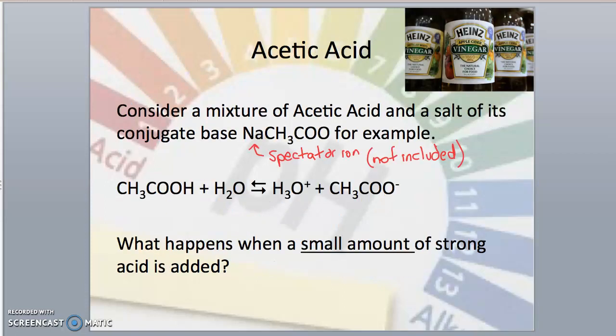The reaction above represents a buffer system as long as amounts of the weak acid and its conjugate base are present. Realize that acids will react with bases, so if a small amount of strong acid is added, it will react with the base in the buffer system, which is the acetate ion, the CH3COO-.